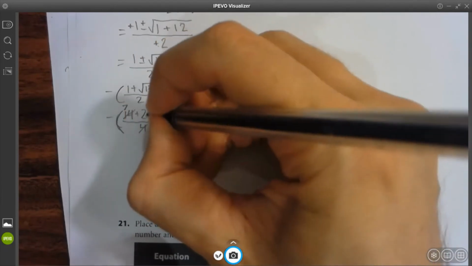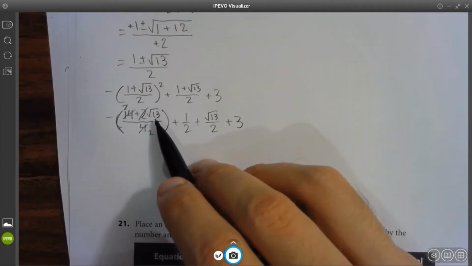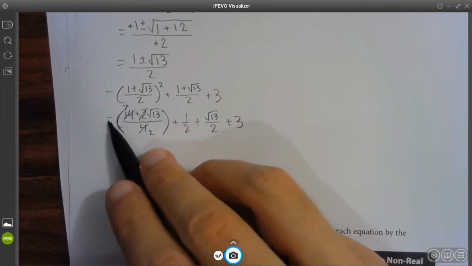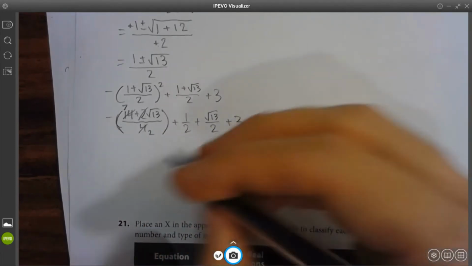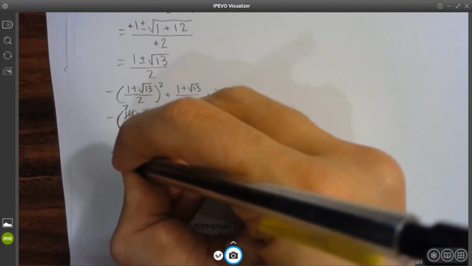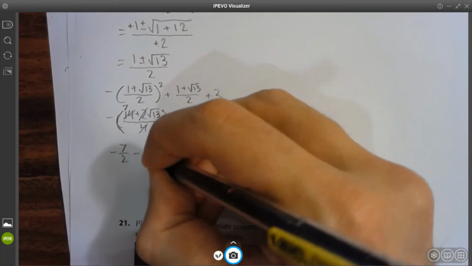This becomes 7. And this just drops off and just becomes root 13. Let's also apply our negative. So this is negative 7 minus root 13. And those are both going to be over 2. So negative 7 over 2 and negative root 13 over 2.